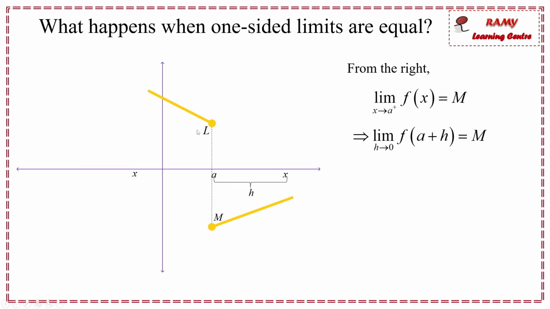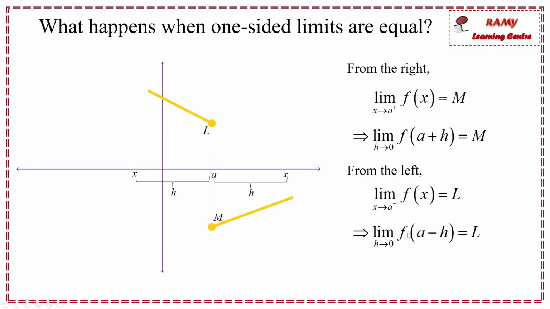and a point L on f of x. Therefore, as x tends to a from the left, f of x tends to L. This can be written as limit x tending to a minus of f of x is equal to L, or it can also be written as limit h tending to 0 of f of a minus h is equal to L. Now when both these limits are equal, then the limit exists.